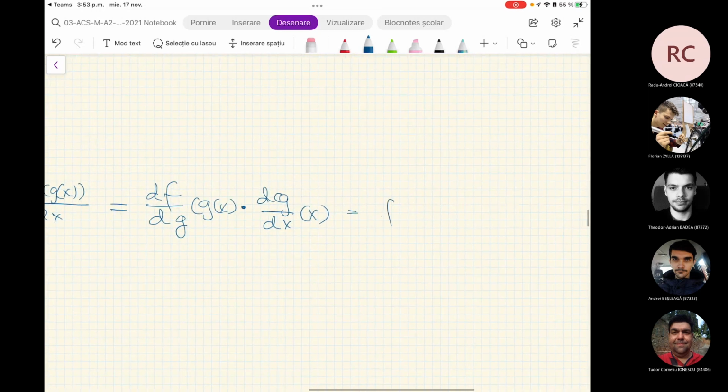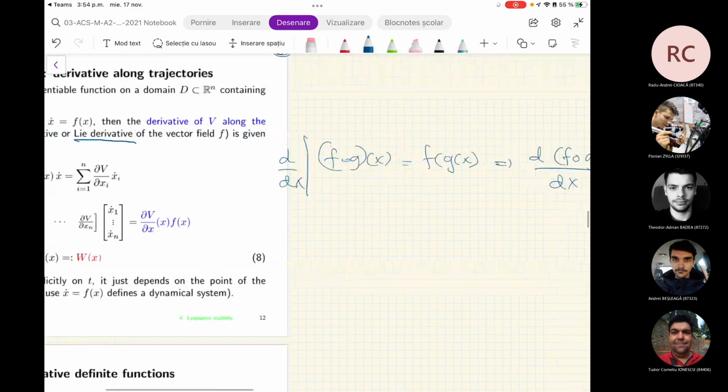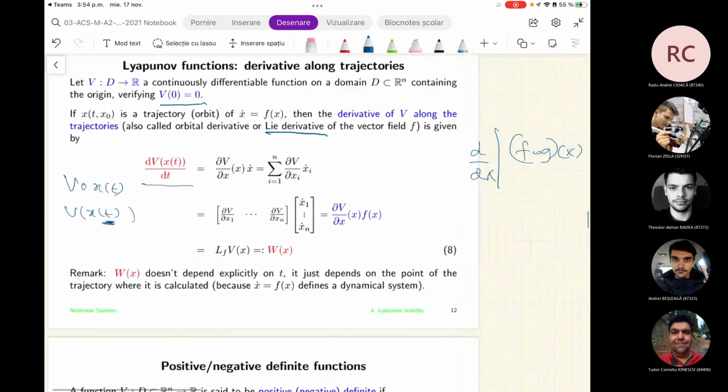Or shortly, f'(g(x)) times g'(x). Am I right? This is the Leibniz rule.